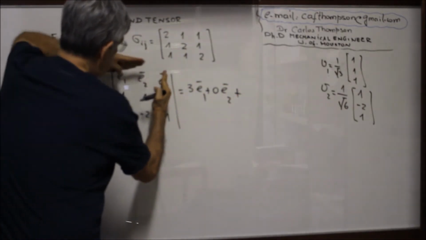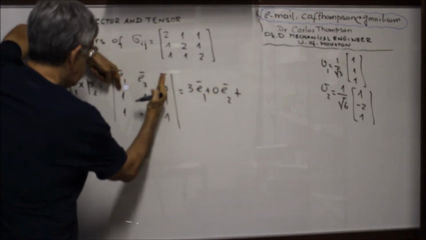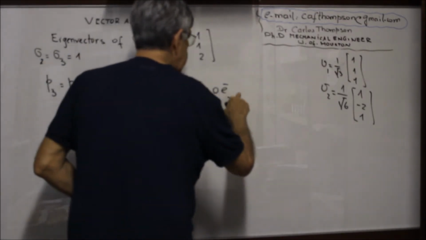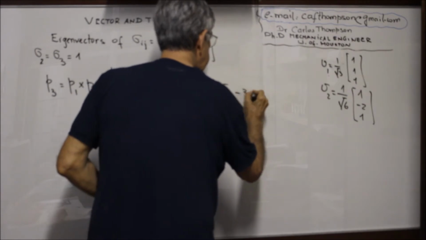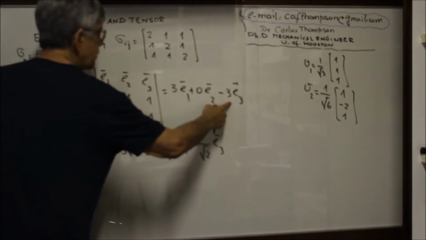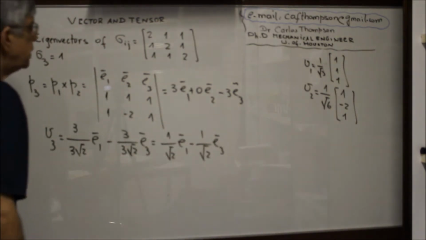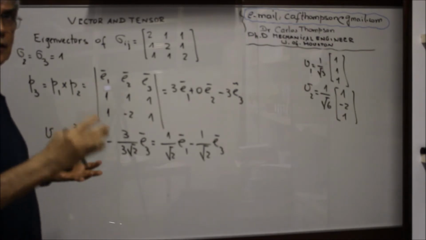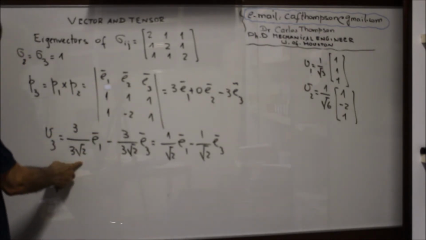Now E3, you cross here, so it'll be minus 2 minus 1, so it'll be minus 3 E3. You see, it's 3 squared plus 3 squared is 18. 18 is 9 times 2. So the square root will be 3 square root of 2.